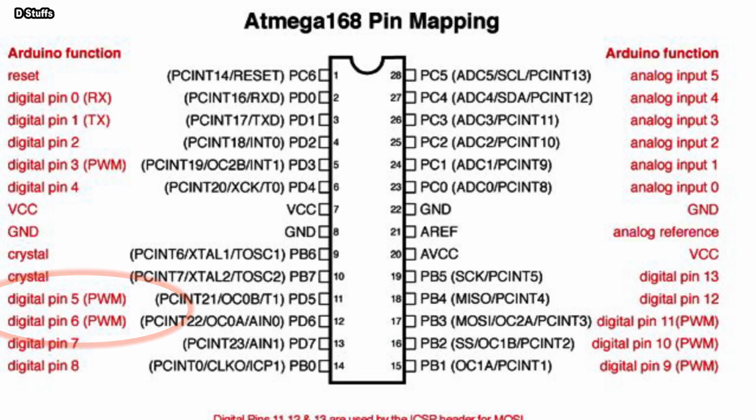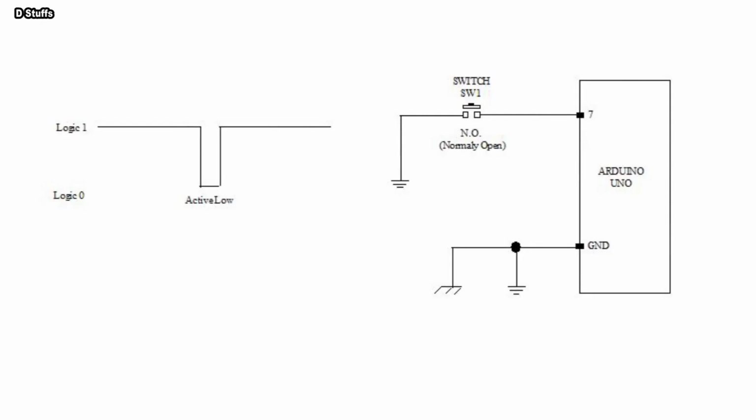You got it? Let's see the push button SW1. I connected it at pin 7, that is, digital pin 7. I am free to do this because pin 7 at that time is a free I/O.